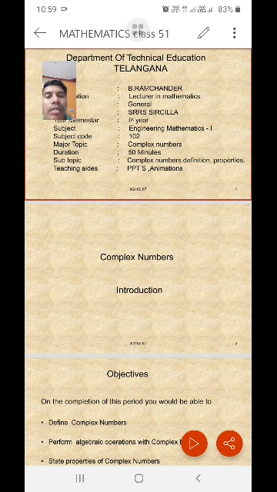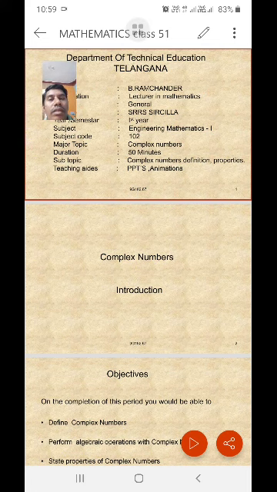See, complex numbers. This is a set of numbers. We already know some number sets: natural numbers and whole numbers, integers, rational numbers, irrational numbers, real numbers.